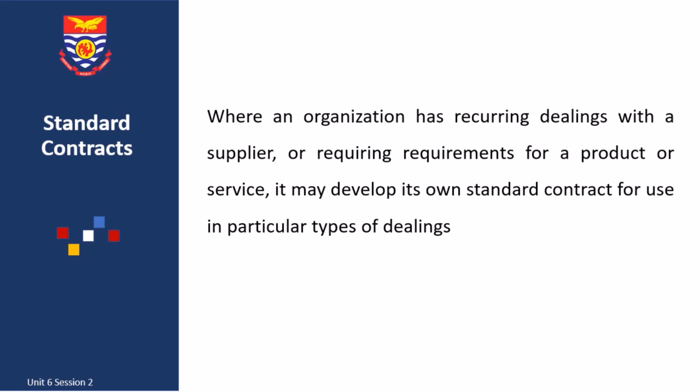Each standard contract would incorporate standard terms and conditions which have proved acceptable and workable in each type of contractual relationship in the past. A supplier or buyer could accept the contract as it stands or negotiate very specific terms. You can't change or negotiate the whole contract. You can only negotiate some specific terms of the contract.